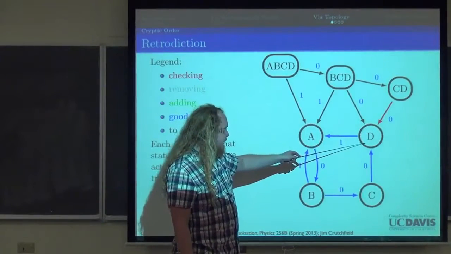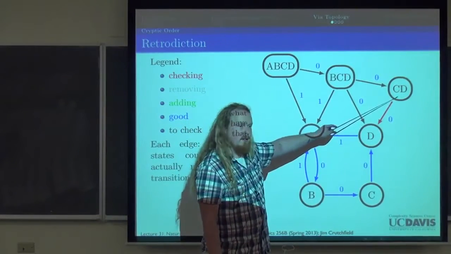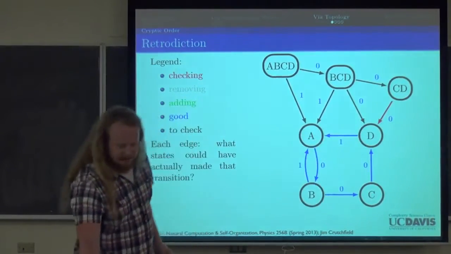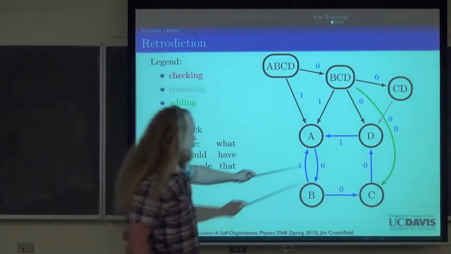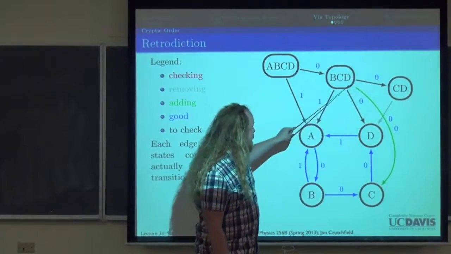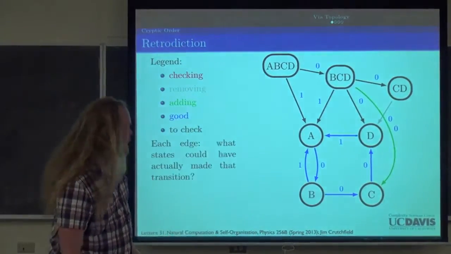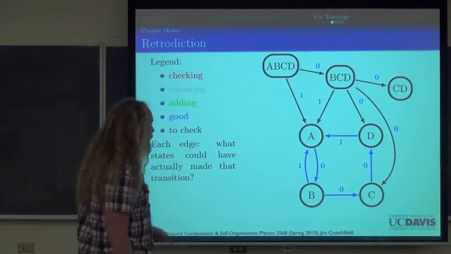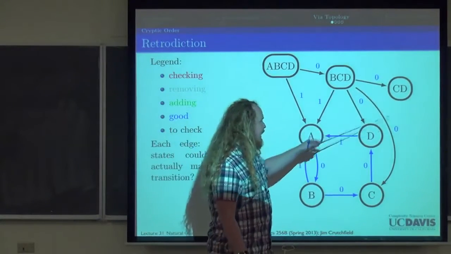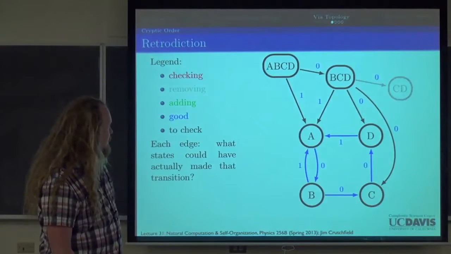Well, if I got to D on a 0, I had to have come from C. I couldn't have come from D. So we're going to do the exact same thing. We remove this edge because it was actually this one, and this edge becomes this edge. Okay, now we have a state and an edge that can't make it to the recurrent portion, so we can just remove them. Boom.